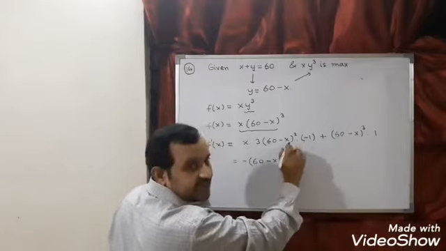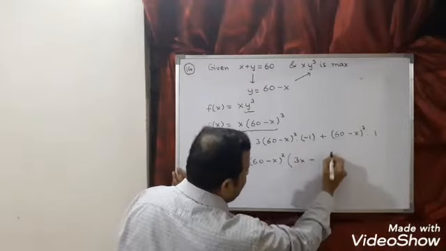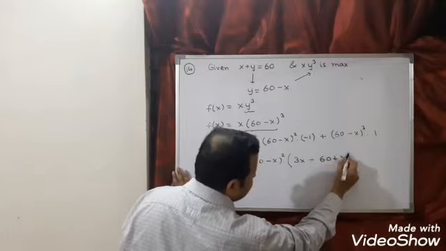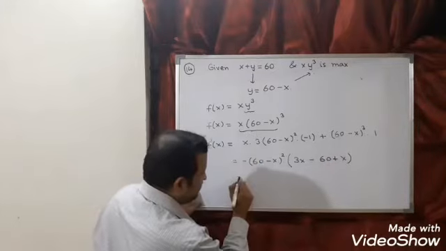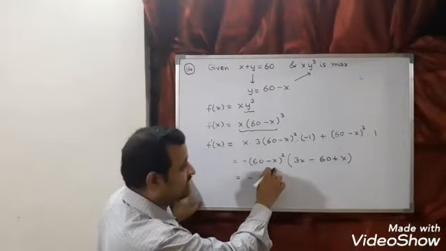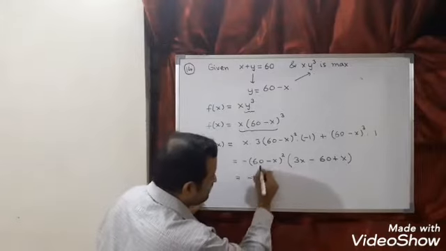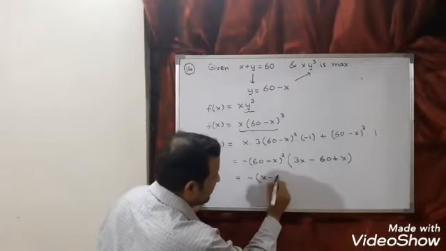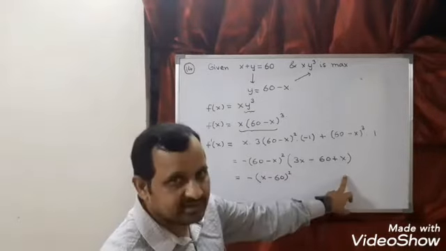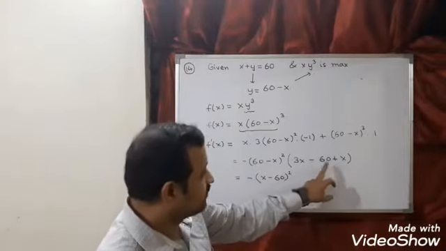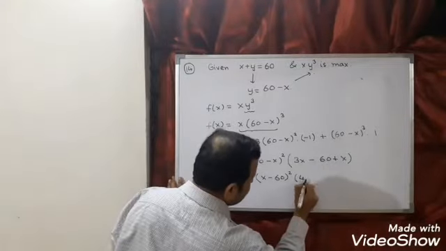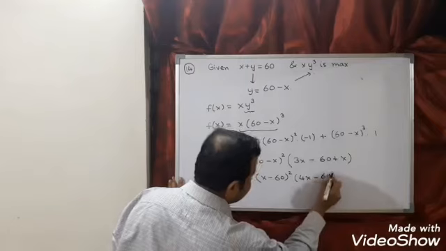Since minus you have taken common, minus will come here, and here you will get 60 plus x. So simplify this. Minus a minus b whole square we can write as b minus a whole square. So (60 minus x) whole square we can write as (x minus 60) whole square into. So 3x plus x, 4x. So 4x minus 60.